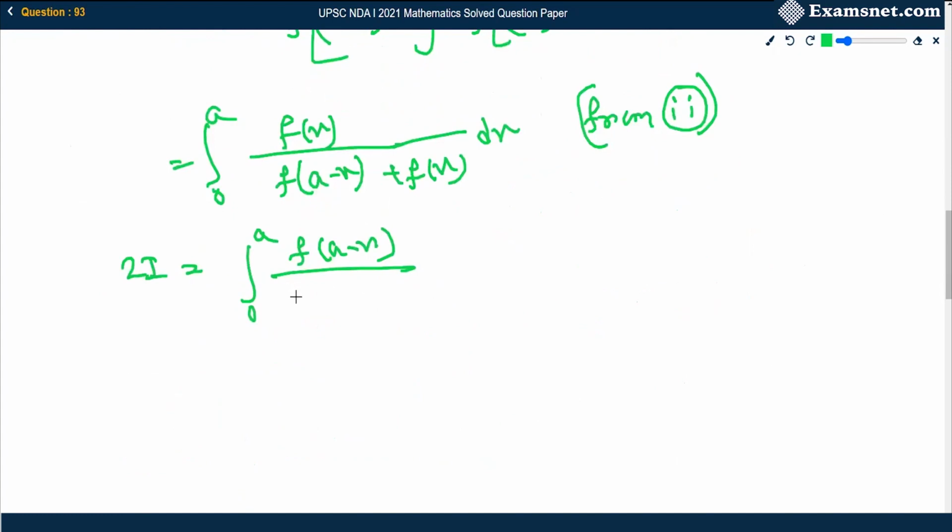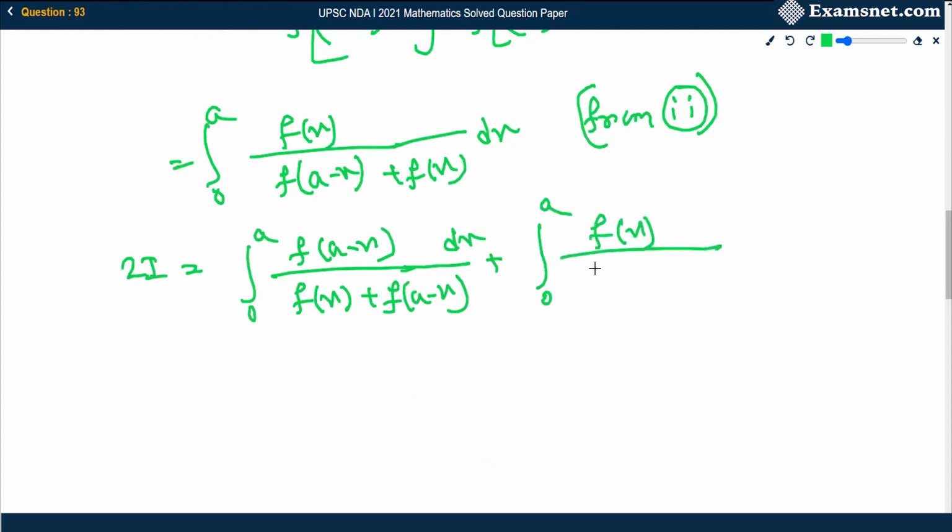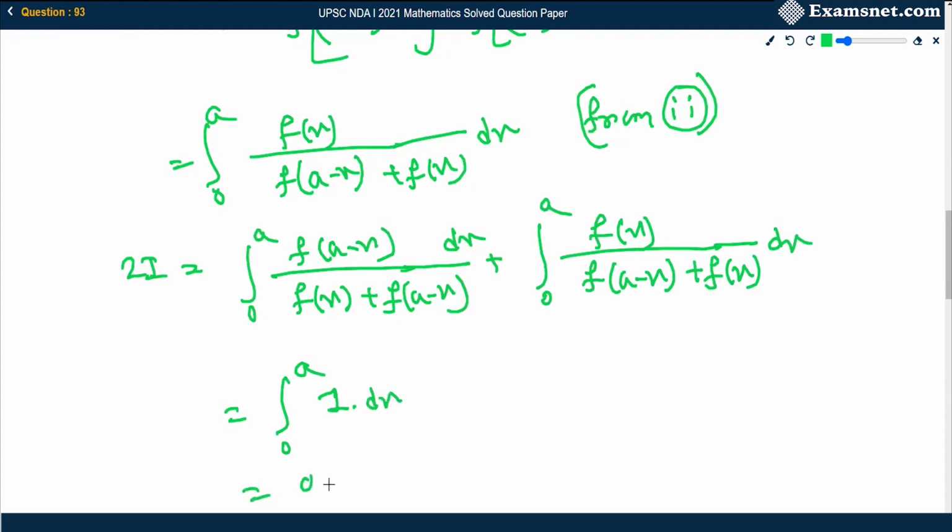How is it possible to write this way? f(x) plus f(a-x) dx plus the integral from 0 to a of f(a-x) plus f(x) dx. Now, since both are the same, it becomes the integral from 0 to a, both get cancelled, it becomes 1. So 1 multiplied by dx, that means a, 2I equals a.